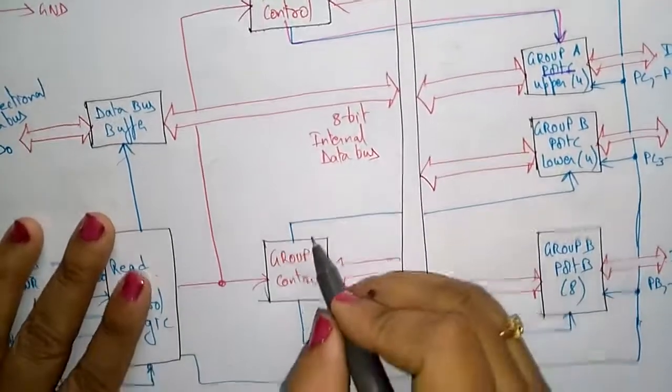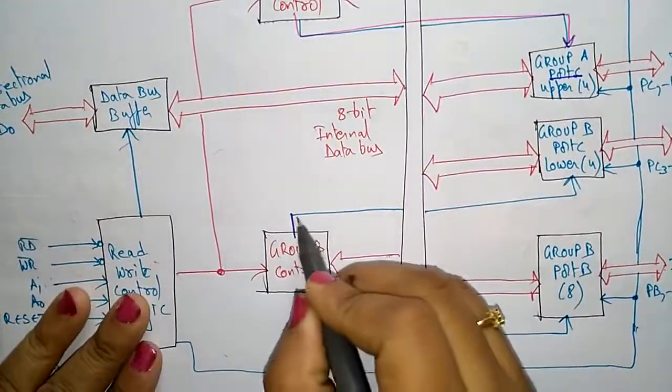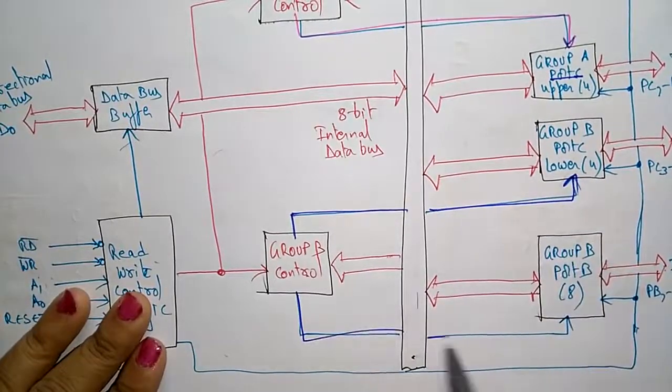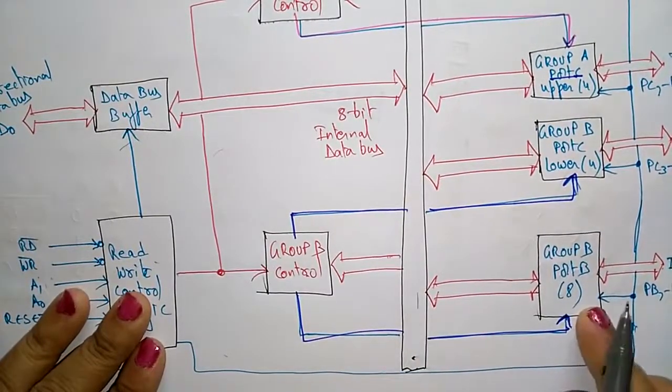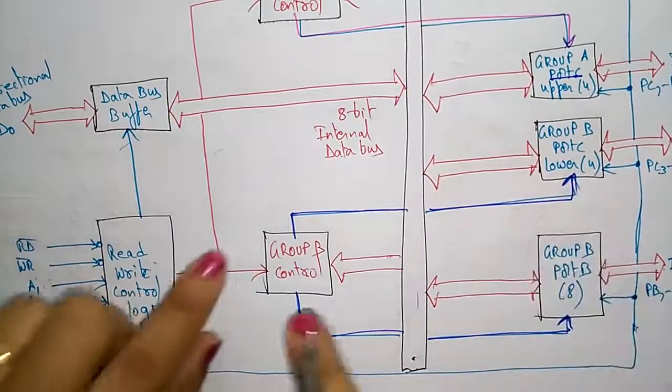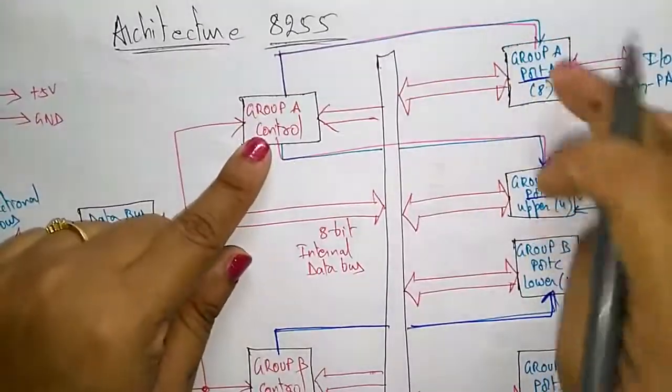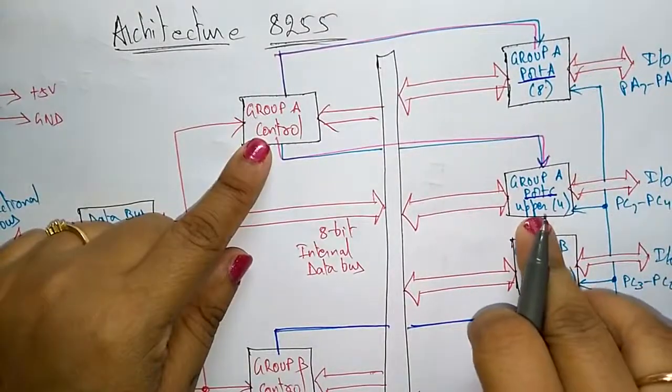Whereas Group B control holds port C lower and port B. Group B: port C lower, port B. Group A: port A and port C upper.